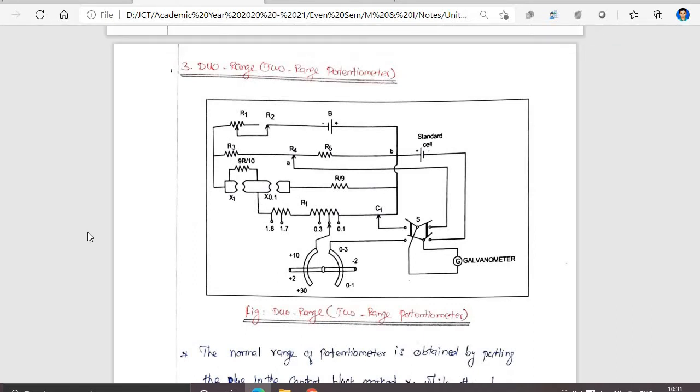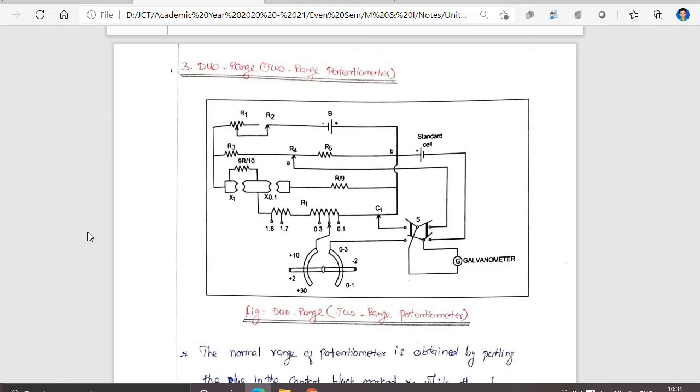We take a reference potentiometer, put an unknown voltage into the circuit, adjust it, compare it, and measure the unknown voltage.